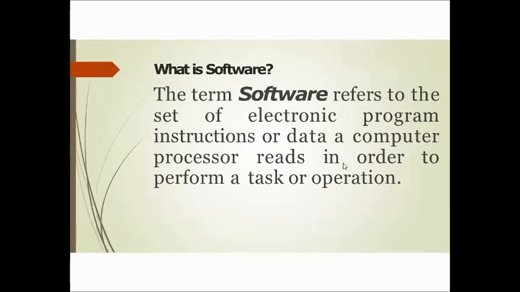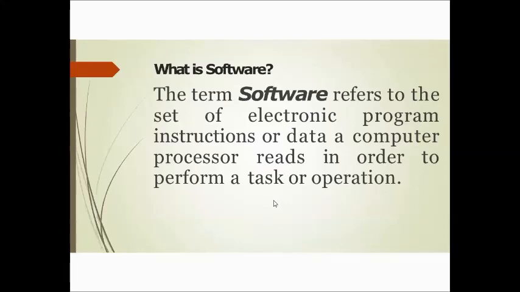We have also the web browser or the browser. A web browser is an application specifically designed to locate, retrieve, and display content found on the internet. Examples of web browsers: we have Internet Explorer, Mozilla Firefox, Google Chrome, and Safari.